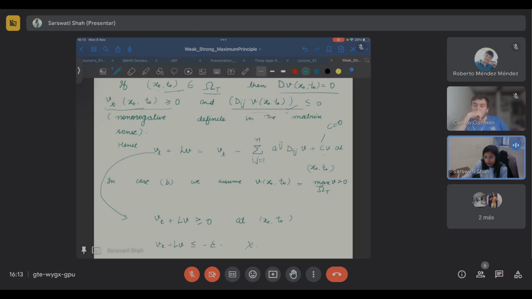That is a contradiction. It's not that T naught is belonging to omega T. With this condition, this is the case, this is the case.